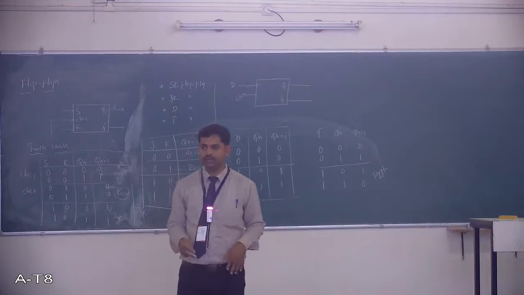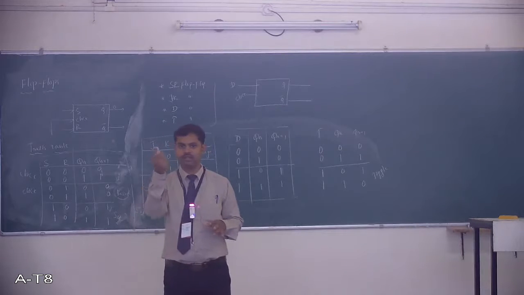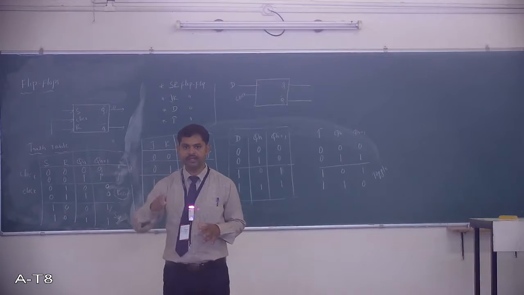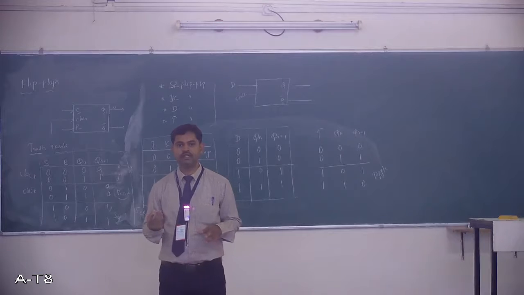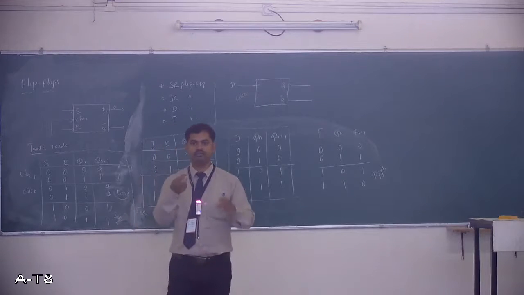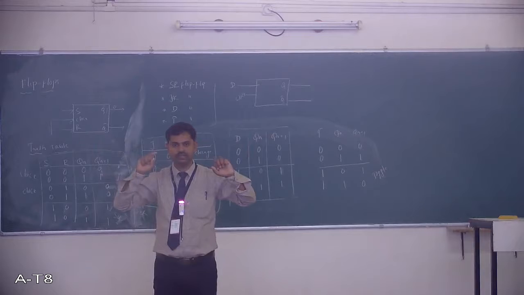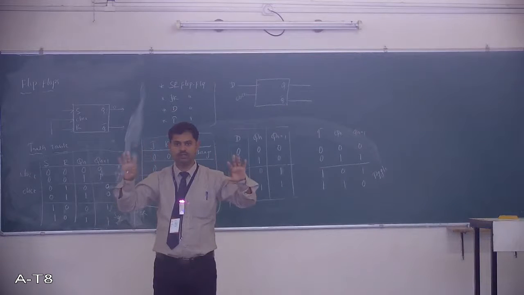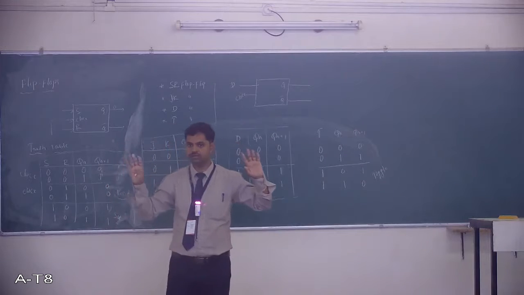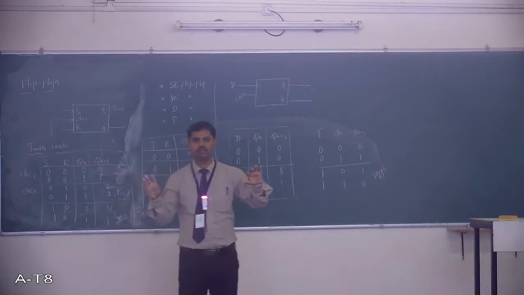Suppose if you want to make a small project, I want to blink the LED continuously, on off on off like that. And instead of taking one LED, I will connect a series of LEDs. All should suddenly be on, all should suddenly be off. How can I do that?